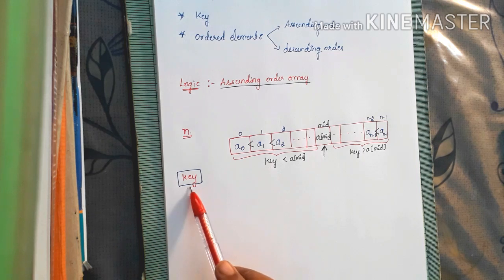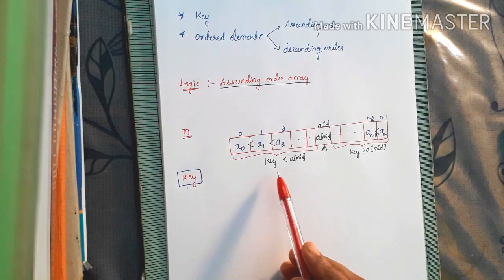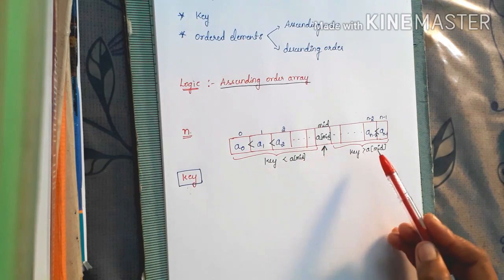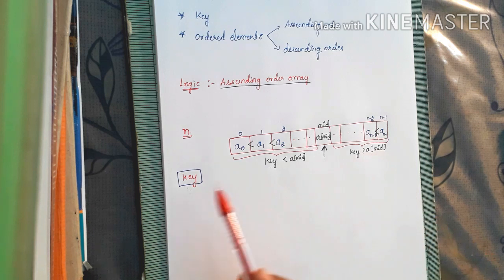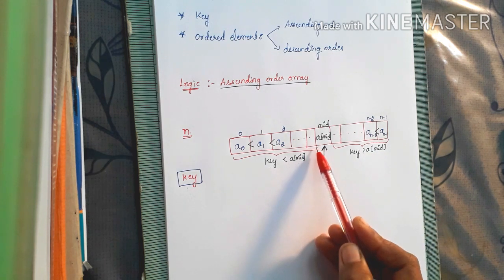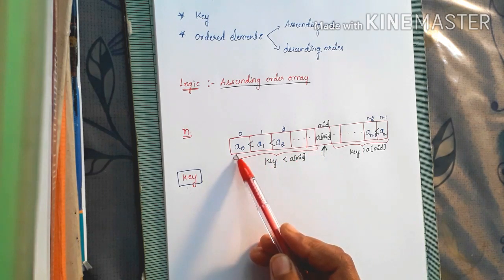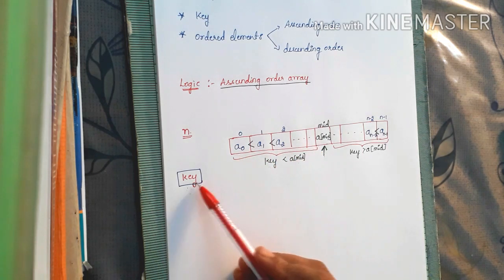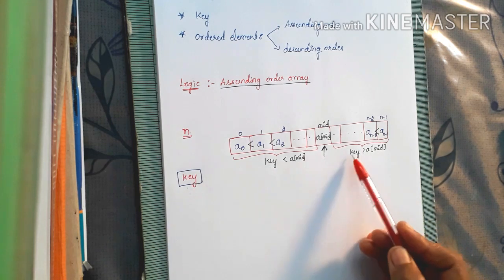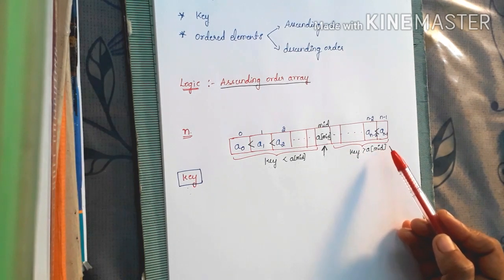In case the key element is not equal to the middle element, then we check whether the key element is less than the middle element or greater than the middle element. In case the key element is less than the middle element, we need to search only the first half of the array. In case the key element is greater than the middle element, we need to search only the second half of the array.